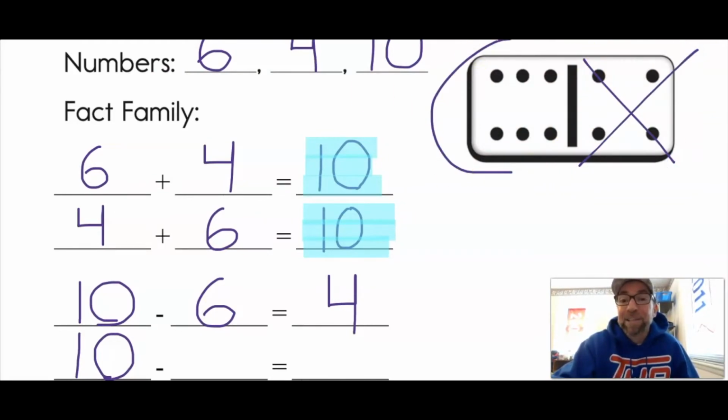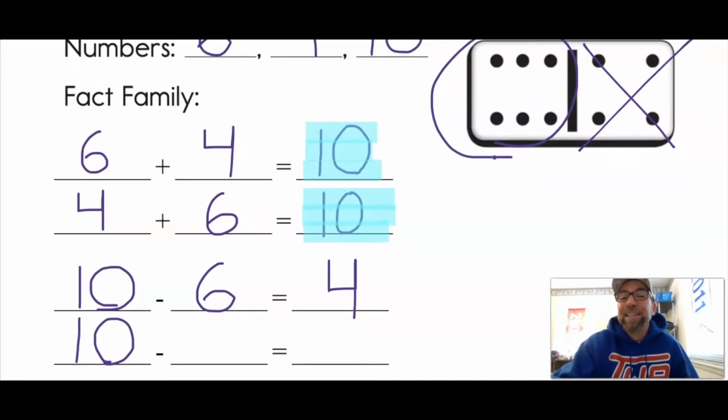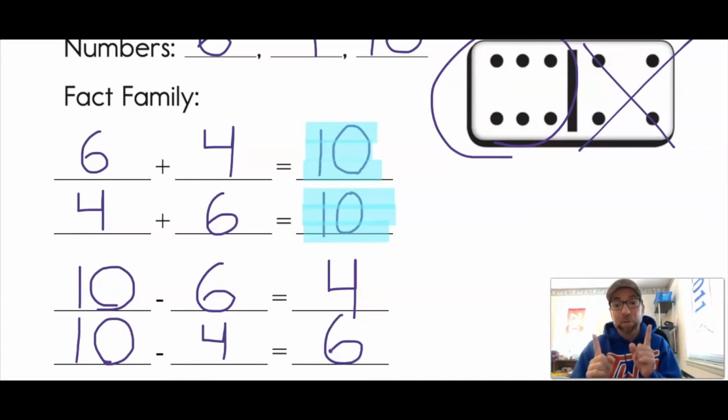How many dots are left? So now I have 10 minus 4 equals 6 dots.